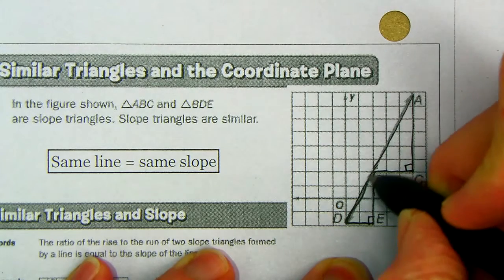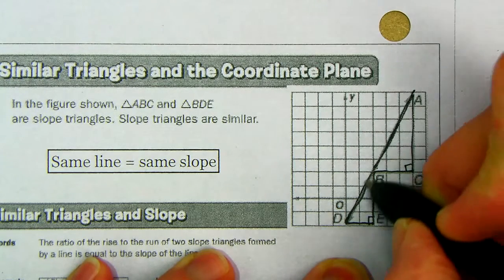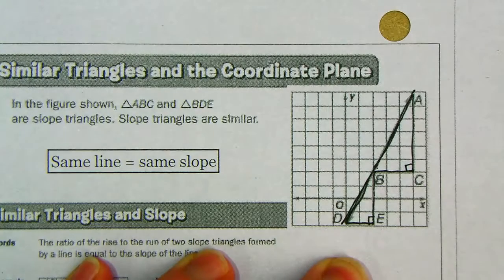So when you have right triangles that are sharing the same line for their hypotenuse, then you know that they are similar and those hypotenuses have the same slope and the same ratio.